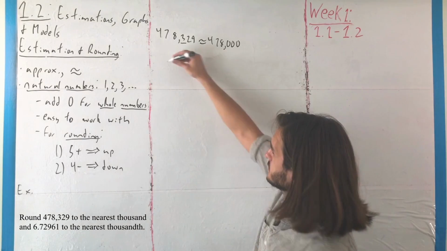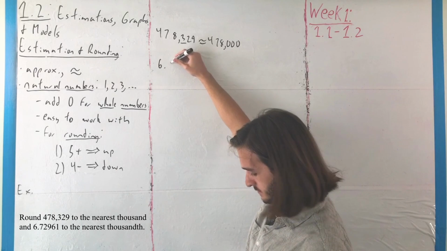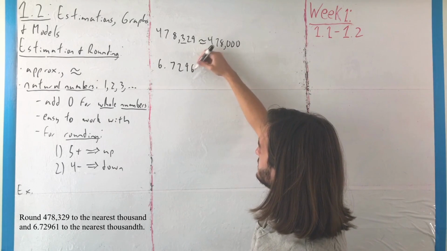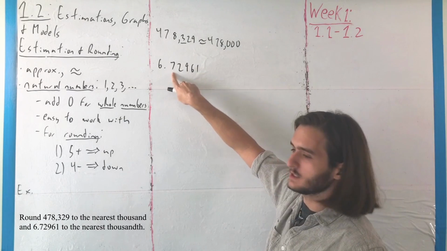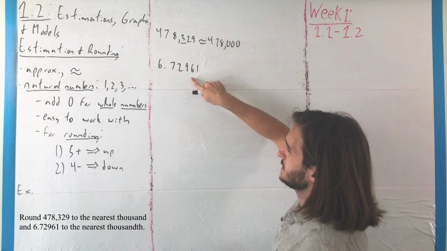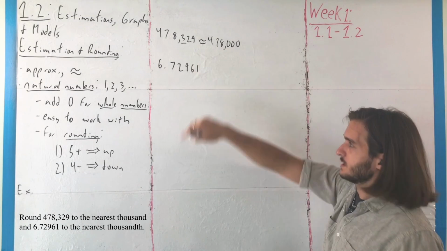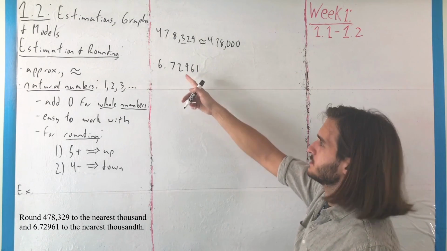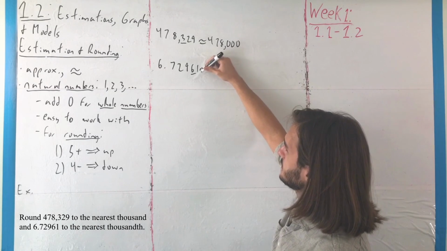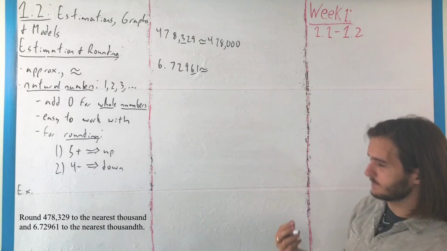Meanwhile, for our second case, when we have 6.72961, we should remind ourselves that the 7 is tenths, 2 is hundredths, then thousandths, ten thousandths, and hundred thousandths. The 9 is in the thousandths, so we're going one beyond that, to the 6, where we recognize that the 6 is bigger than 5.